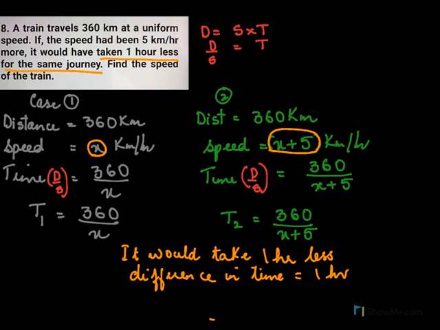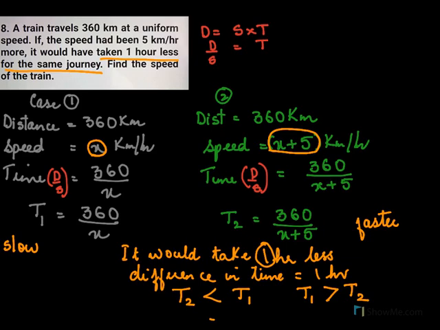So t2 will be less than t1, or you can say t1 will be more than t2, because in the first case it goes slow, it will take more time, and in the next case it's going faster, so it will take less time. So here the difference in time is 1 hour, so we can say t1 minus t2 equal to 1 hour.